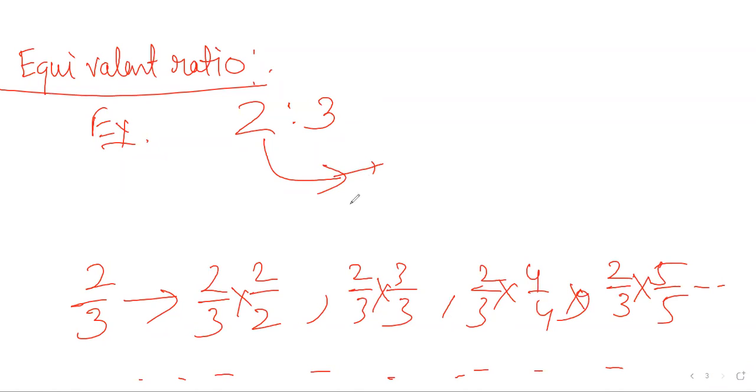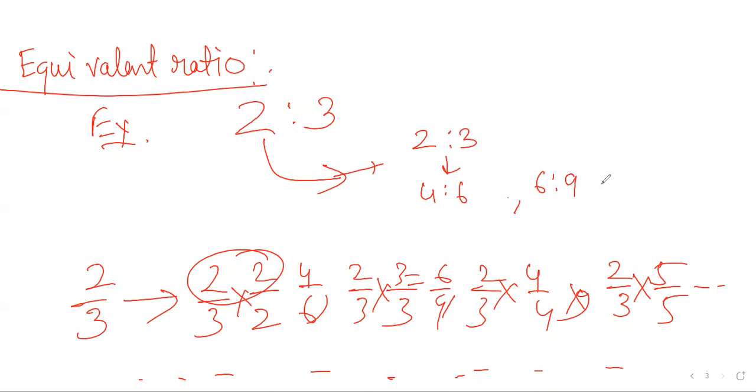Now similarly, here you will find a ratio, equivalent ratio, means the same way 2:3 will be written as 4:6. How I am getting? आप इनको solve कर लो. 6:9, 8:12, 10:15.